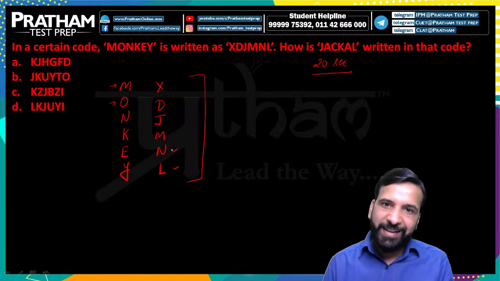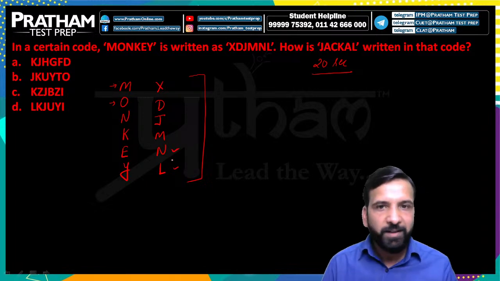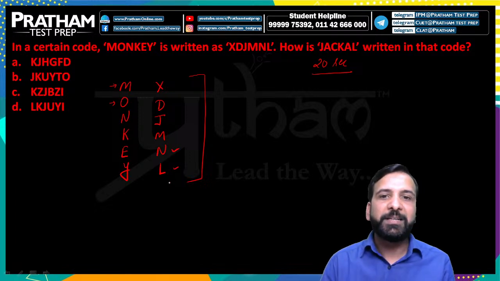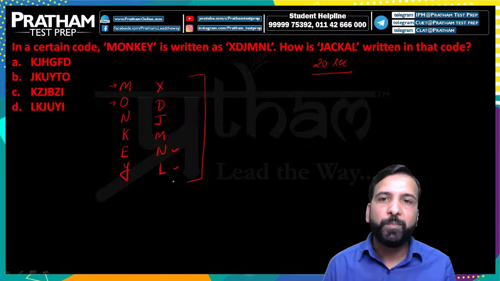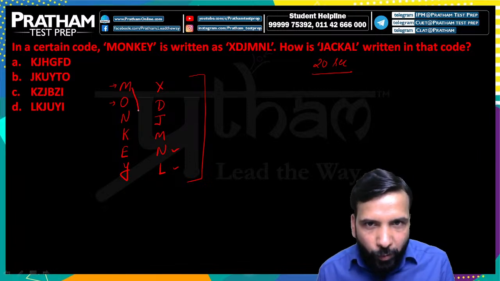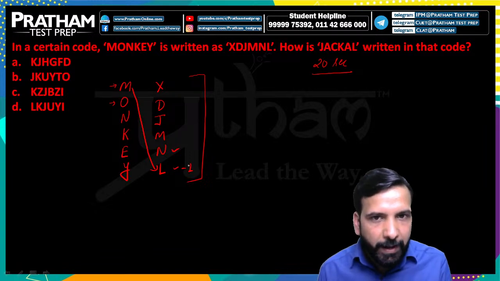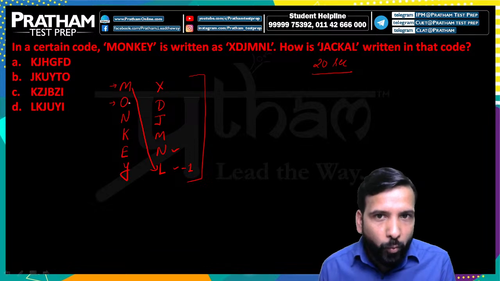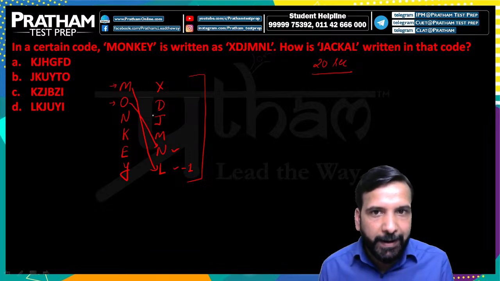O -1 is N. Clearly visible, but O plus 1 is P. That is not visible here. That means the concept is based on -1. So M -1 here. M, one step backward is L. O, one step backward is N.